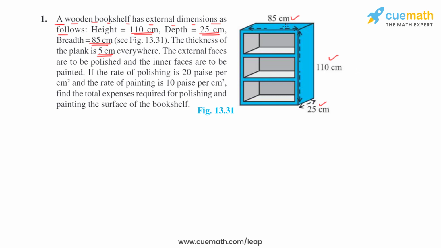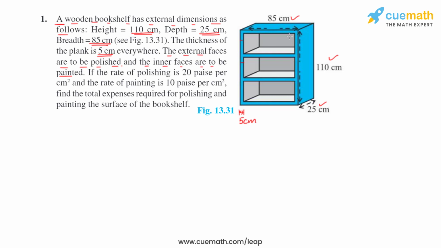It means this thickness, you can see that is 5 centimeters. This one is 5 centimeters. Then the external faces are to be polished and the inner faces are to be painted.